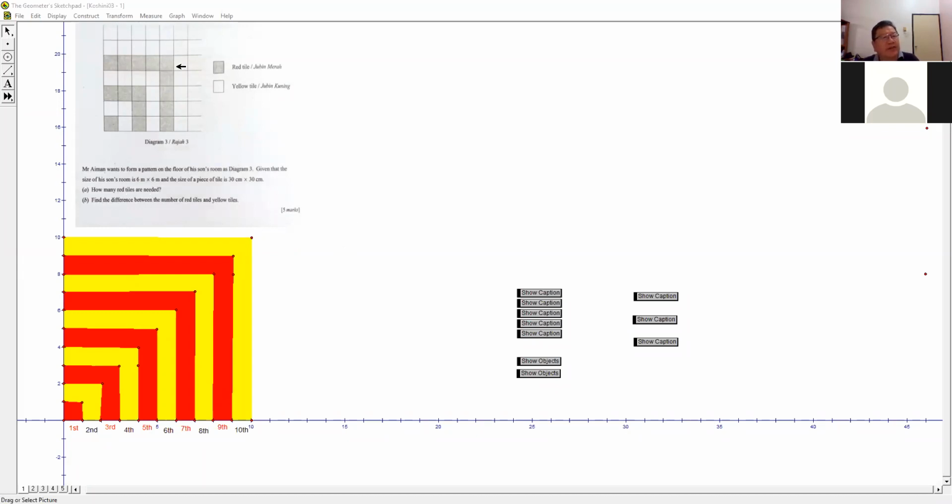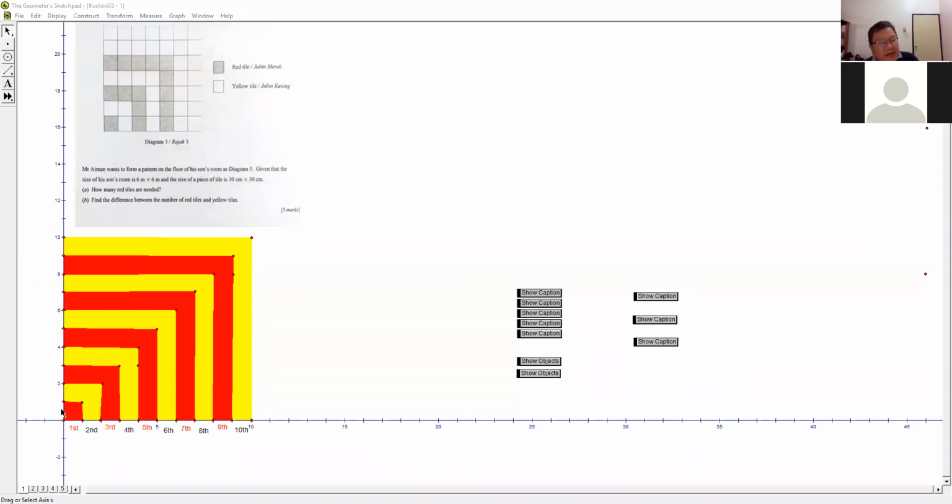So this picture in the question, I enlarge it with color at the bottom here. When I enlarge it, you try to think of it as layers of tiles. The first layer is like this, not on top of each other, but beside each other.